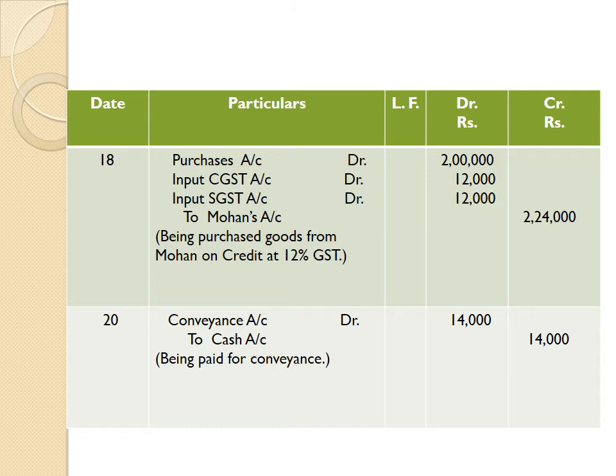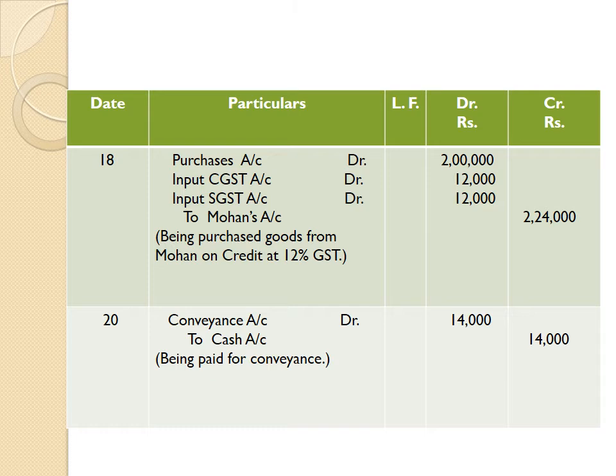In case of purchase the GST will be termed as input. In case of sales, GST will be termed as output. We are focusing here on state government as well as central government. So total GST is 24,000. It has been divided between central and state government equally. That came rupees 12,000. So purchase account debit 2 lakh.